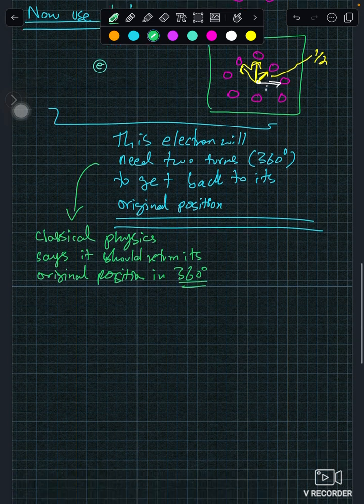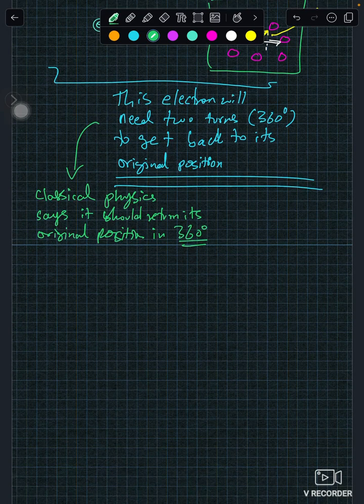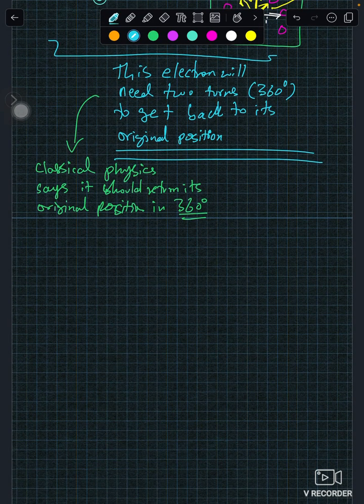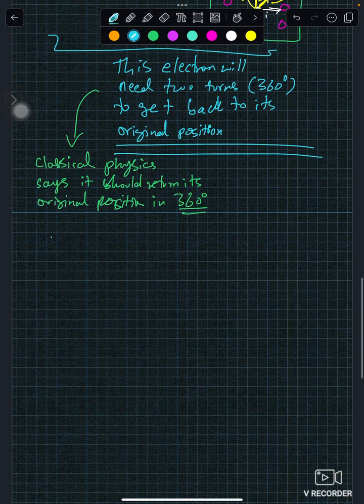So how can we do it? What we will do is consider this spin, this electron, and I will make an abstract space for it.